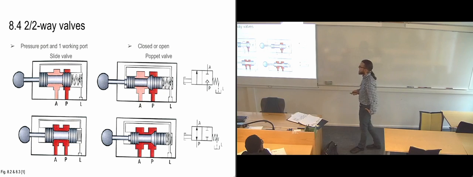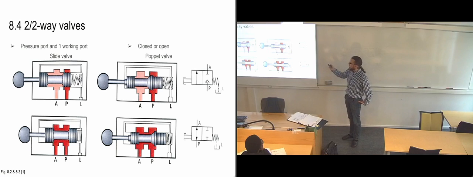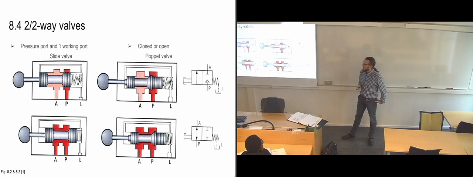And the Poppet valve can also be looked at like this: if we are getting flow from A towards P, and that flow gets high enough, you can actually start moving the Poppet.